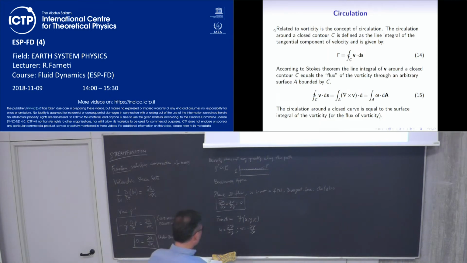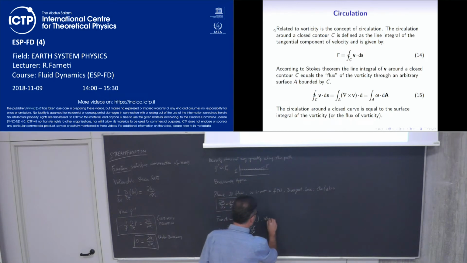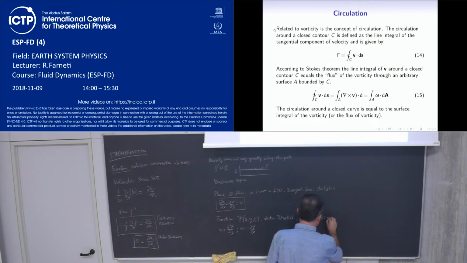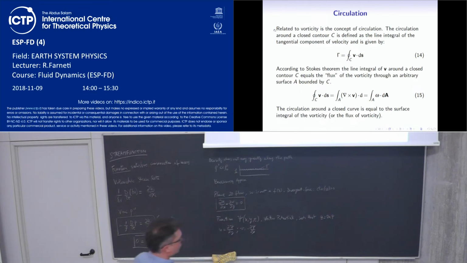By doing so, we have defined what is also called a vector potential, such that my velocity vector is equal to that.